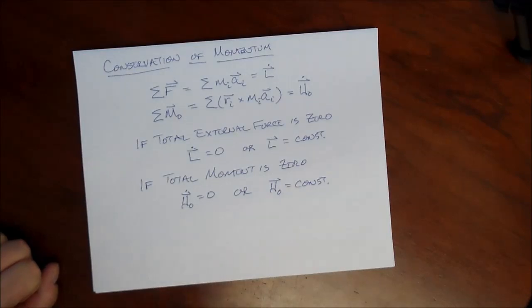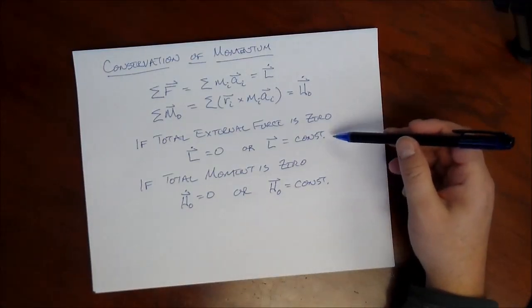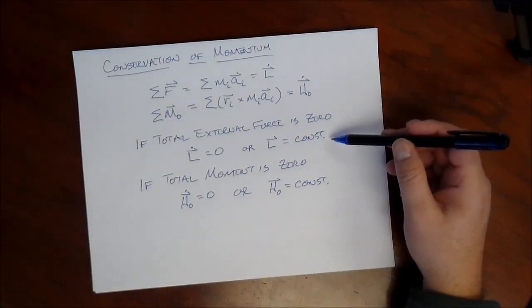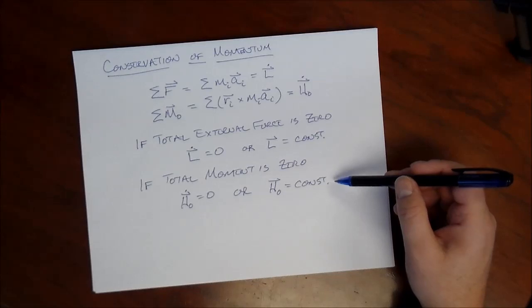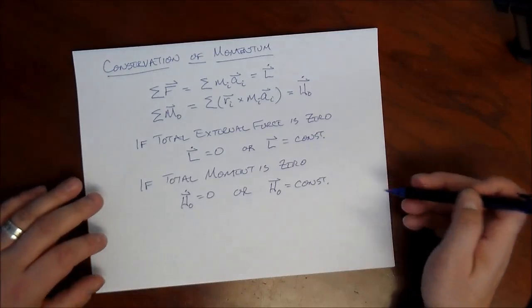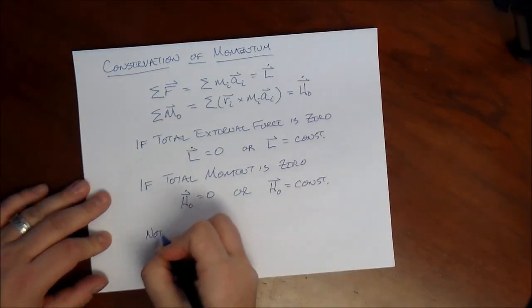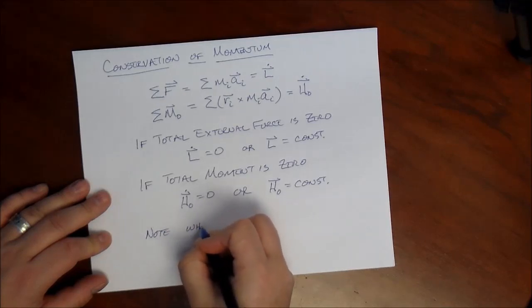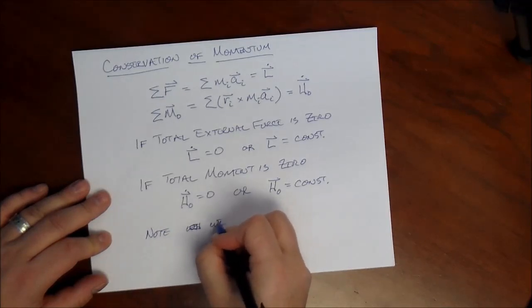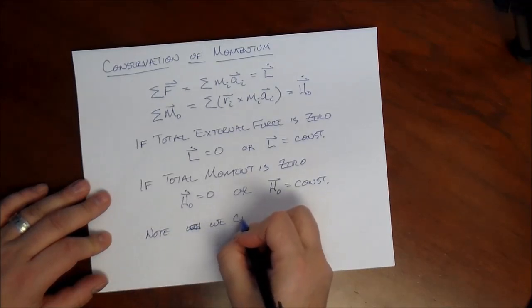Okay? The important thing about this: we've used this fact many times, looking for situations or even components where momentum is conserved. We can do the same with angular momentum. And one thing even more important is we get to choose the reference frame about which we take the moments.